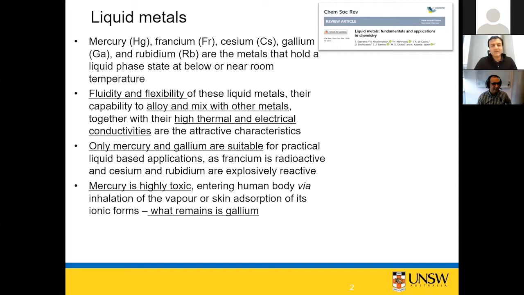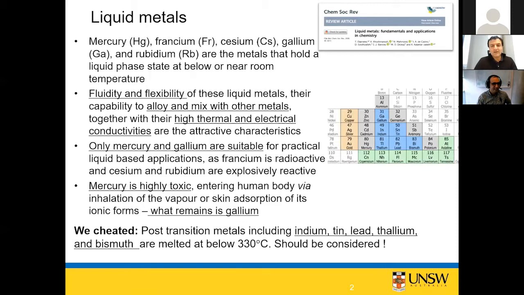So what I did together with my colleagues, I cheated and I put gallium, indium, tin, lead, bismuth, and a few other members of the post-transition metal category into this liquid metal family. And I define it as anything that melts below 330 degrees.